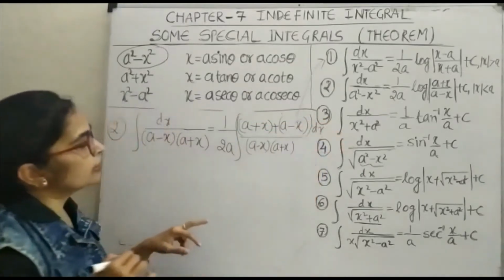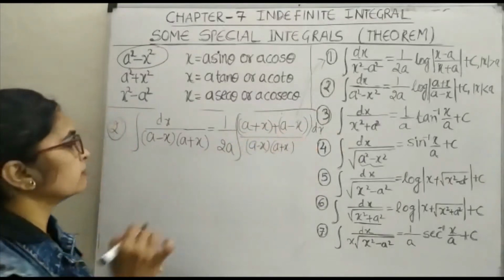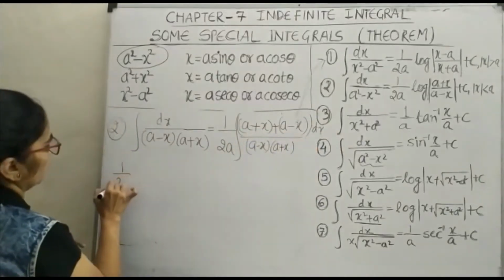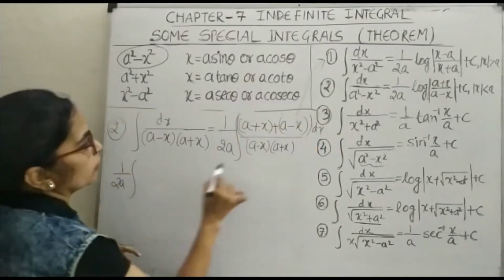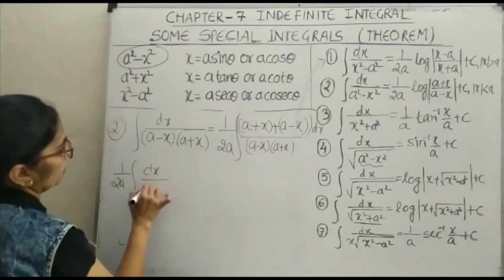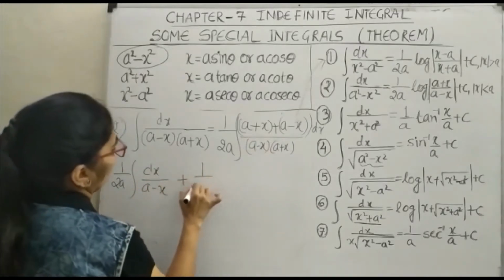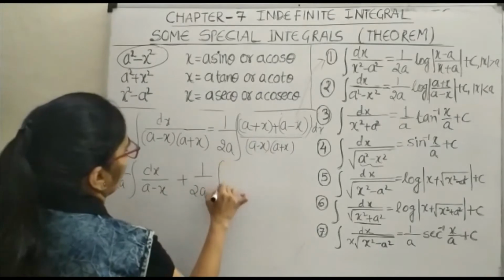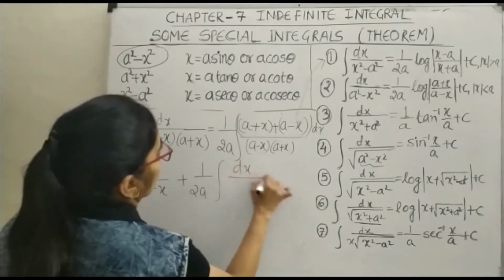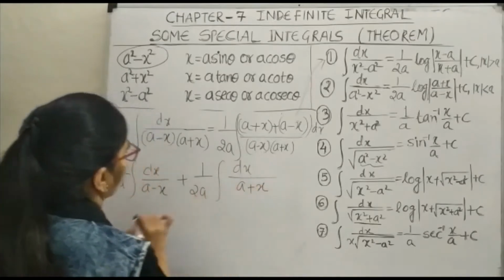Once again you can see a and a will be 2a, x and minus x will be cancelled, so this takes the form 1 upon 2a. You can see these 2 will be cancelled, so we have dx upon a minus x plus 1 upon 2a integration of dx upon a plus x.